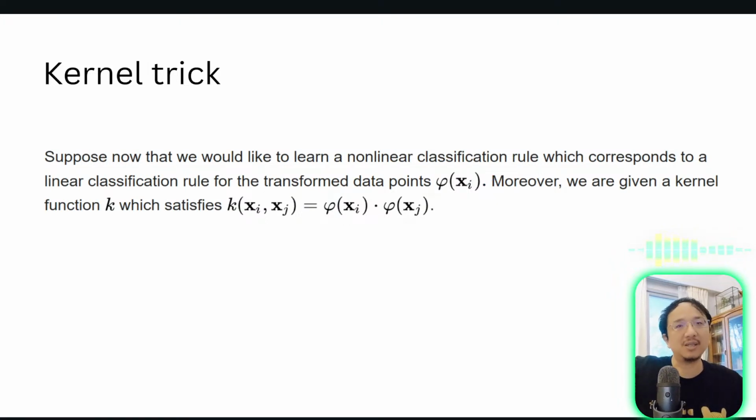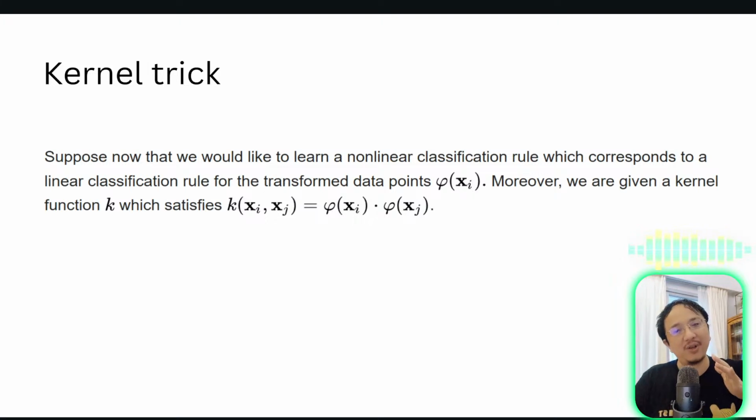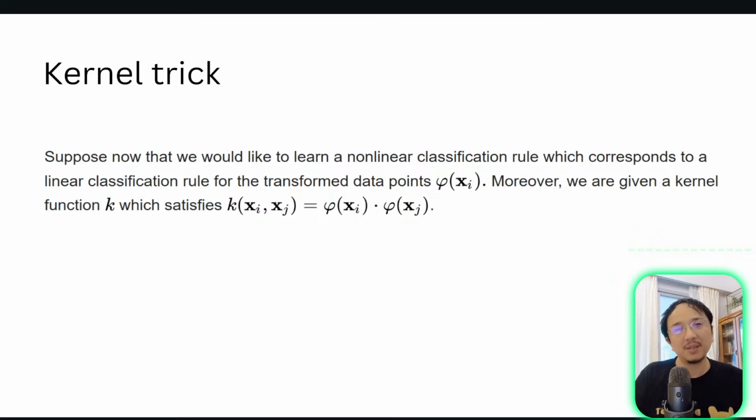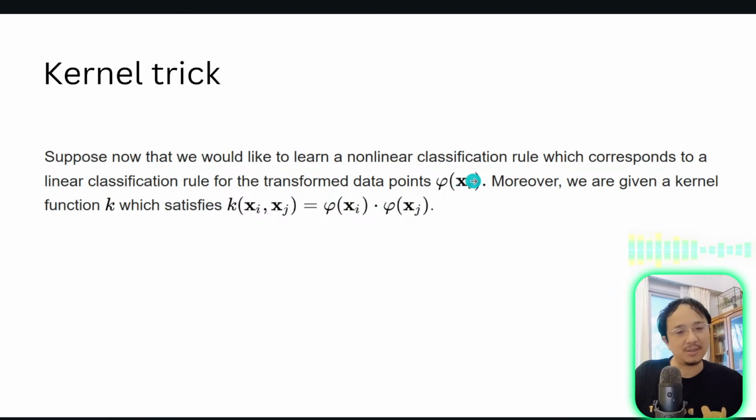We'll get rid of this, because the whole point of kernel tricks is that we don't need this function anymore, but we can have all the benefit of this function, this mapping. So suppose we have a mapping from our feature space into an infinite dimension feature space. There are different choices of this function, not directly, but by defining this k.